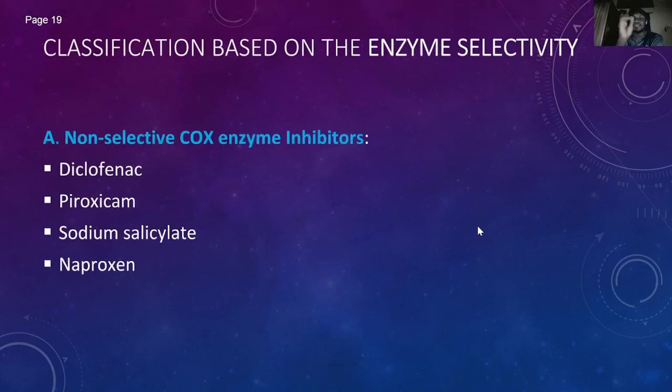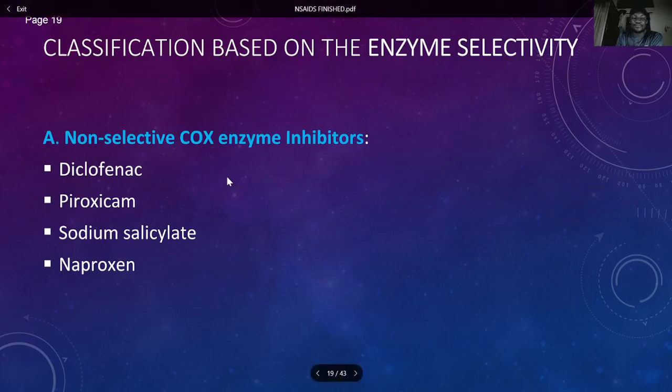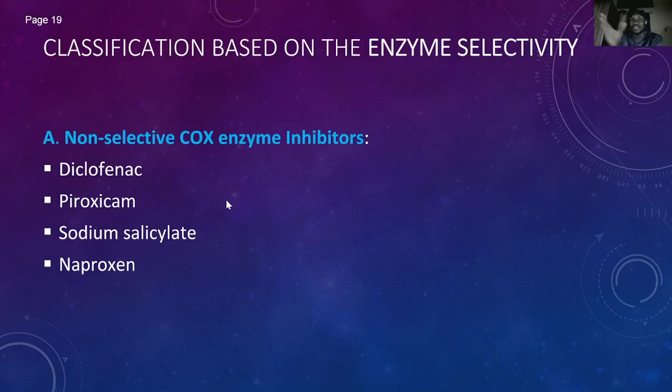Classification based on enzyme selectivity is also important. We have non-selective COX enzyme inhibitors, which include diclofenac. Non-selective means they inhibit both COX-1 and COX-2, right? So which include diclofenac, piroxicam, sodium salicylate, and naproxen.